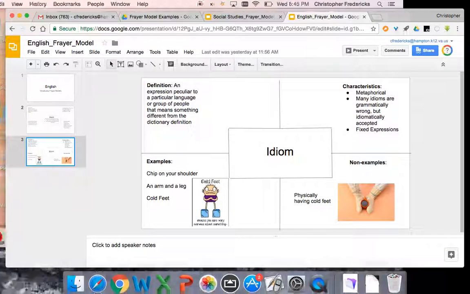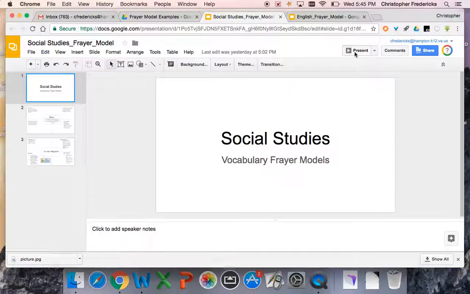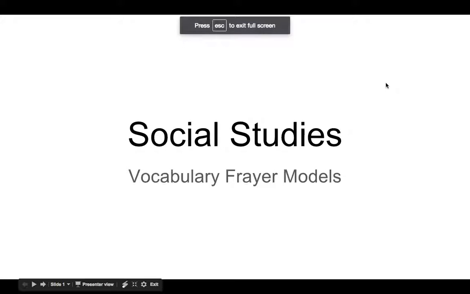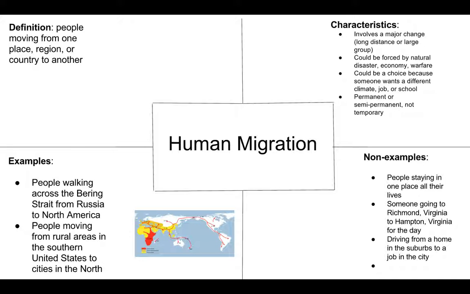Let me show you another one very quickly. This is a social studies example. Again, your content will be set up the exact same way with the Frayer model structure for easy reference. And again, here is my example. This is more of a content knowledge aspect of social sciences.